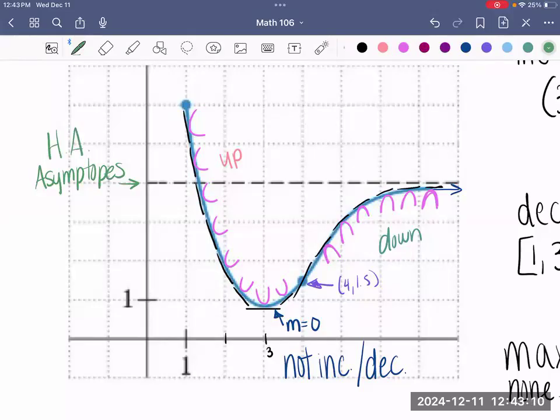So your asymptote here is at y equals 3. Typically we cannot cross asymptotes. However, you can cross a horizontal asymptote at times. This is when your x value is not going towards infinity. You'll notice that it's crossing here because your x value is not going towards infinity.